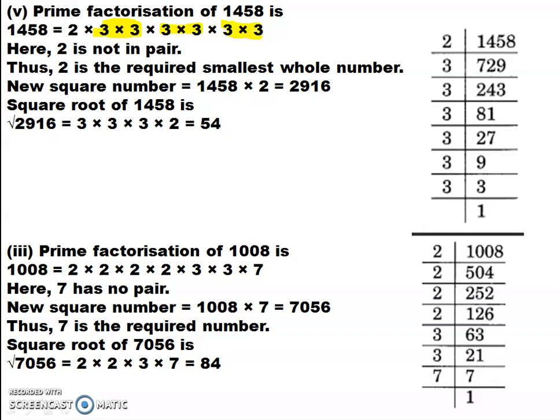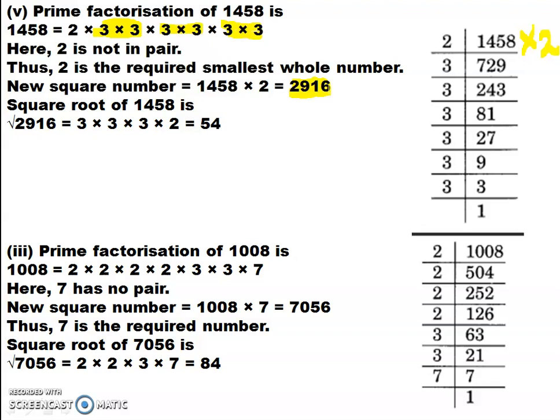Now what is the next step? You will multiply 1458 into 2. That is 2916. This is the perfect square number just greater than 1458.